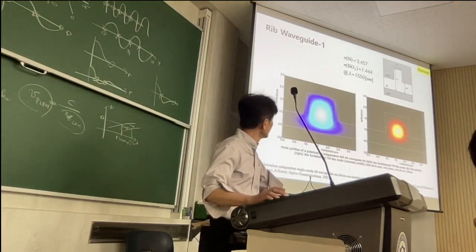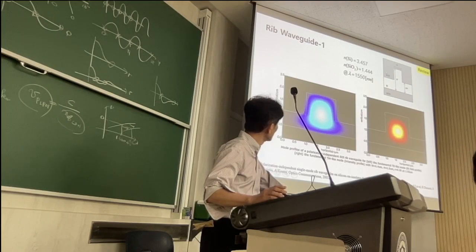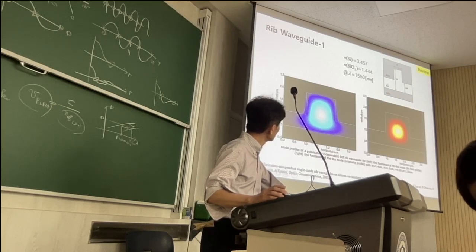And this is a typical example we can solve with the finite difference method. If the refractive index structure is like this, this is SiO2 with 1.44 refractive index, and here is silicon. It has 3.4 refractive index.